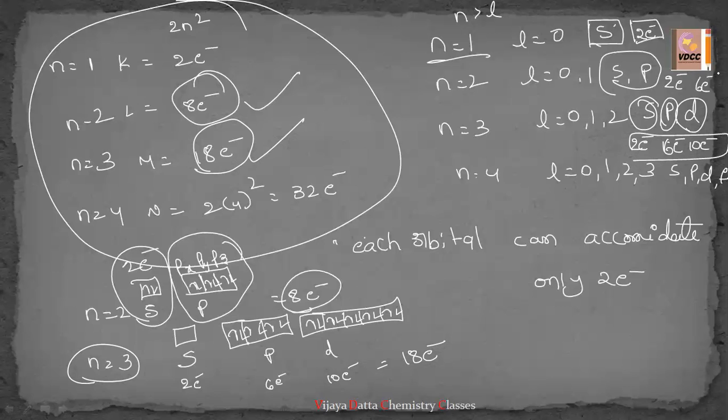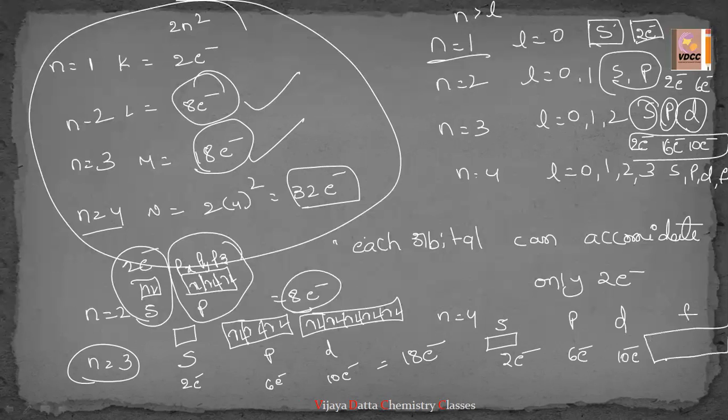The same. See, n equal to 4, 32 electrons we said. So obviously the f orbital is introduced. Then s has 2 electrons when n equal to 4, p has 6 electrons, d has 10 electrons, whereas f has 7 degenerate orbitals. What is meant by degenerate orbitals?